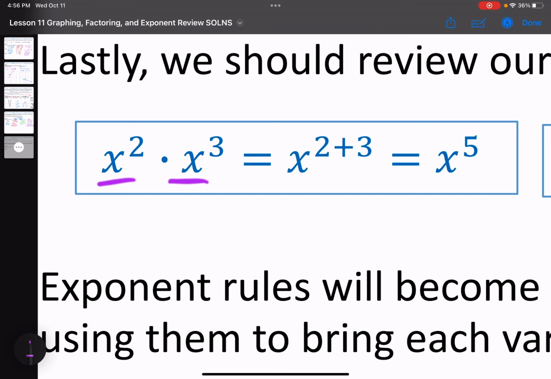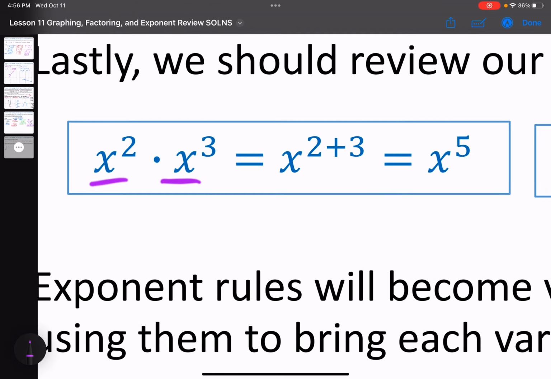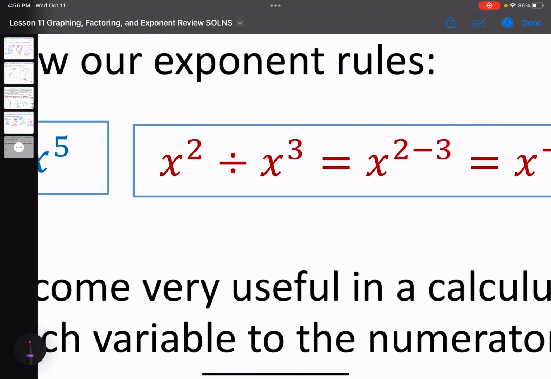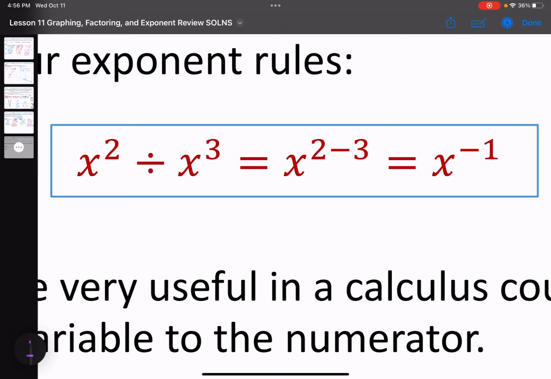So in this case, x squared times x cubed is x to the power of 2 plus 3, which is x to the power of 5. If you divide like bases, it's like subtracting the exponents. So in this case, 2 minus 3 is -1.